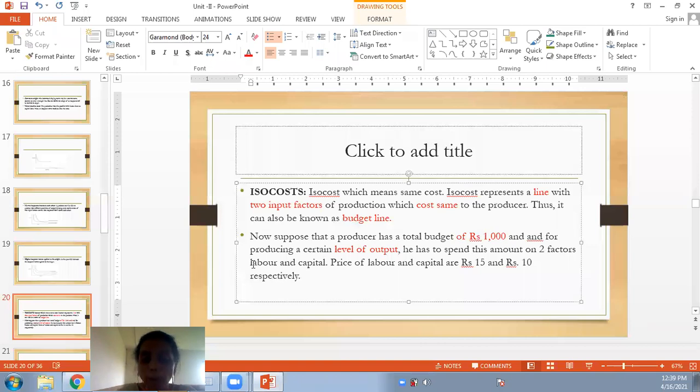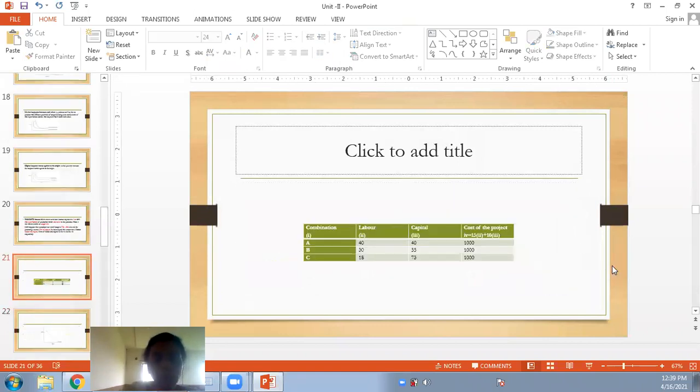Price of labor and capital are 15 and 10 respectively. That means the labor charge is 15 rupees and the cost of capital is 10 rupees. In such a case, how can we do this? See.